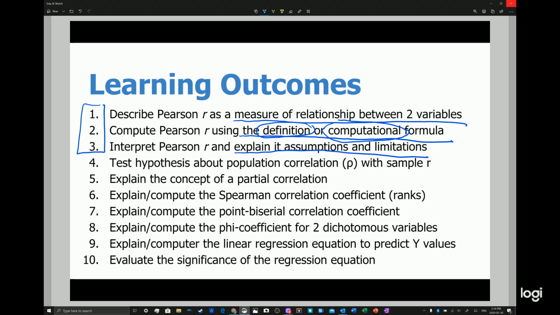The big one for this number 3 learning outcome is this idea, which I'm going to write down: correlation does not necessarily equal causation. So, for example, you're going to see this in the slides. You can close your eyes and think about this. As the number of ice cream shops goes up, in the slides it's going to say churches, but I'm going to go with ice cream shops because I'm thinking of ice cream, and the crime rate.